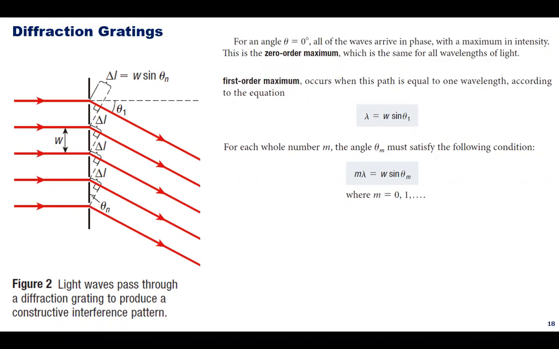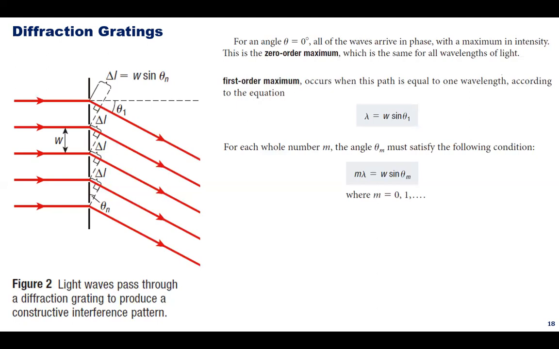In these directions, light waves arrive in phase and interfere constructively. Three equally spaced slits would produce the same type of interference pattern for the same reason.